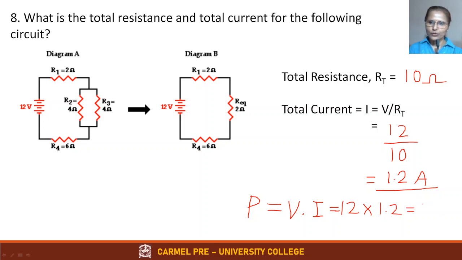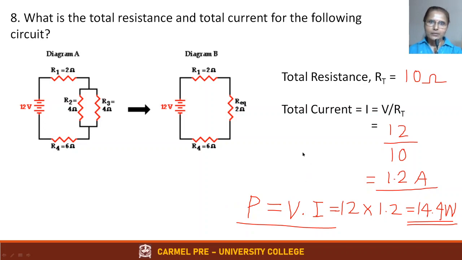It's actually 14.4. What is the unit of power? Watts. So 14.4 watts is the power. This is how you calculate power. It can be asked. This will be asked for 3 marks: to find the total resistance, to find total current, and to find total power.